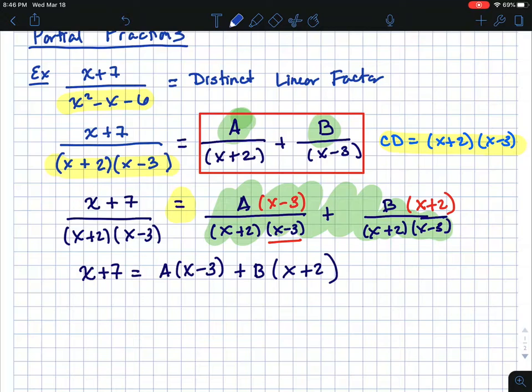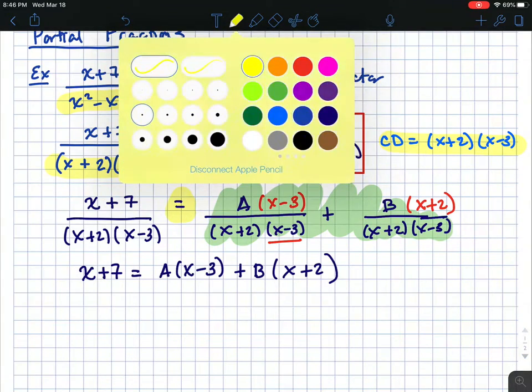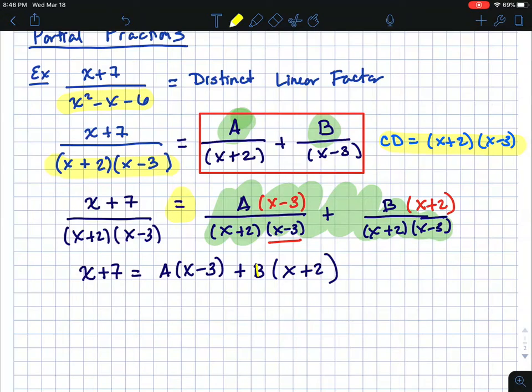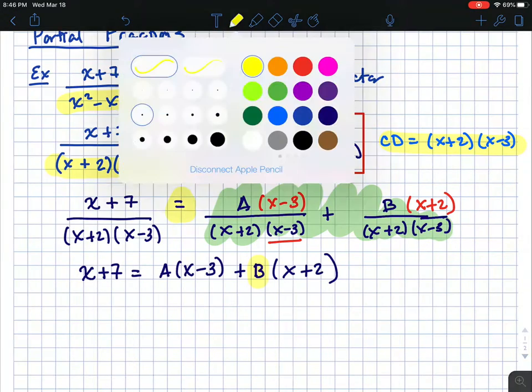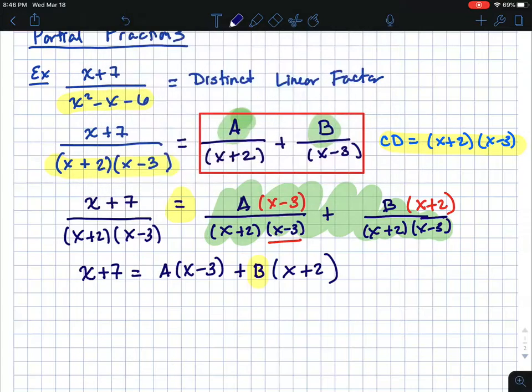Okay. So one way we can eliminate it, we'll start out with eliminating b. And one way to do this is we will set x equal to -2.